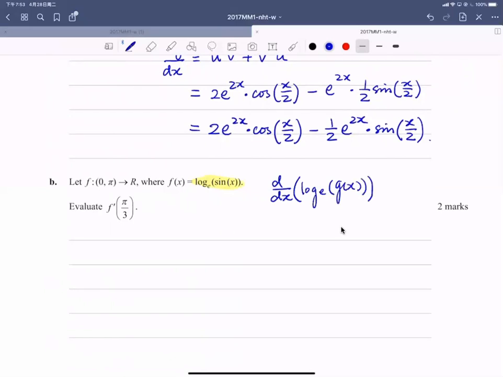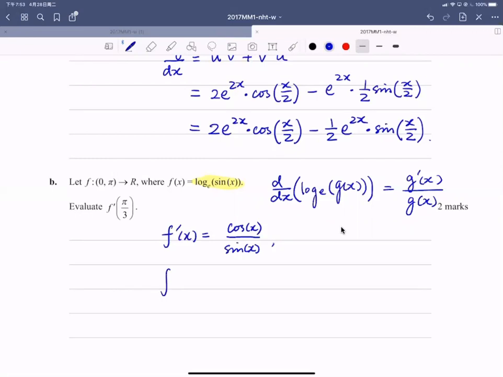If you have log e g of x, the derivative with respect to x is g dash x over g of x. Therefore f dash of x will be sine x at the bottom. What is the derivative of sine x? Cos x. So I used the chain rule implicitly.